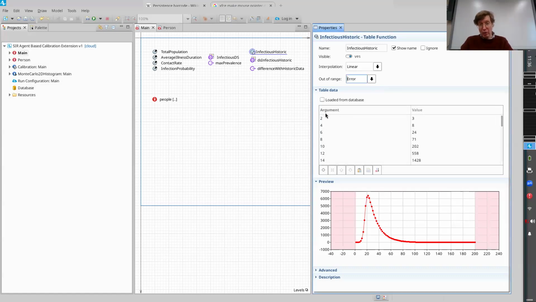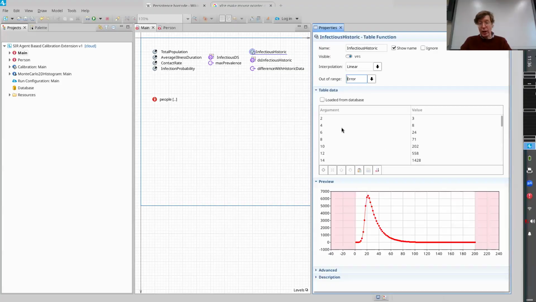In other words, if you give this table function a given value, let's say 8, it would give you back 71. It's a mapping, right, from the domain to the range, from the argument to the value, using its terminology.